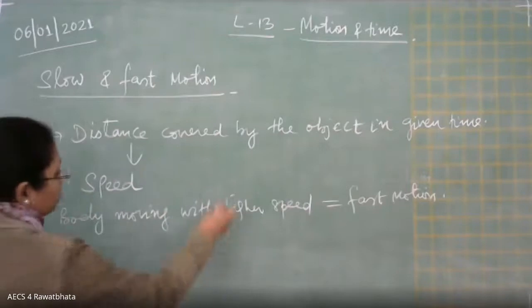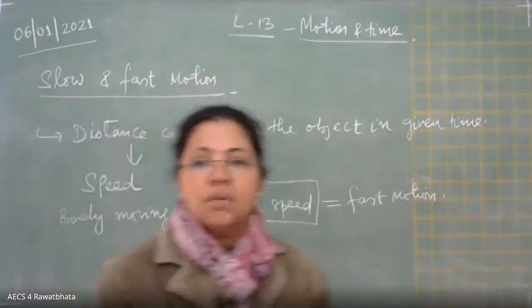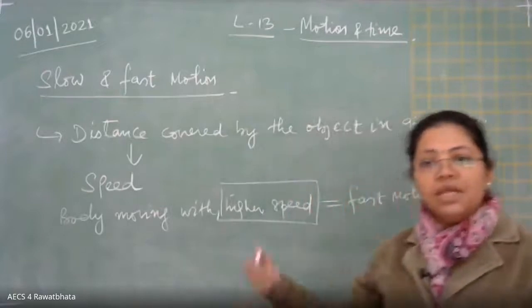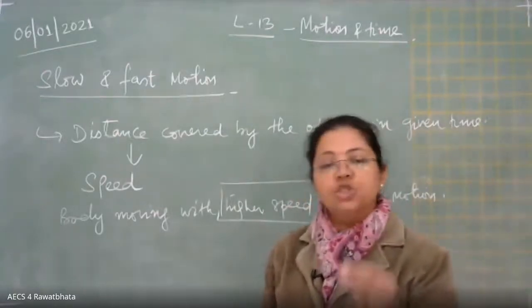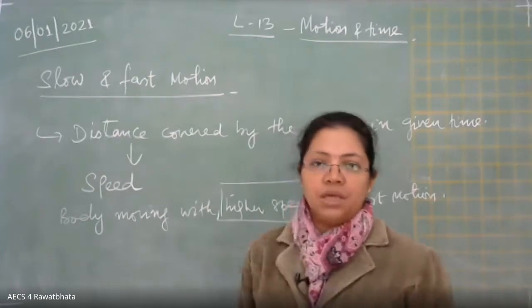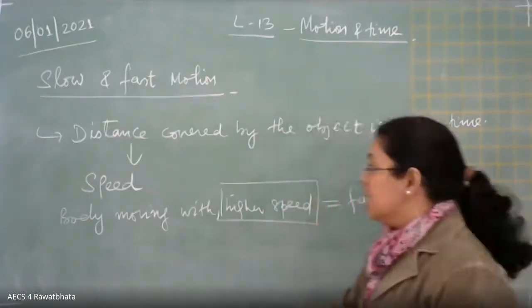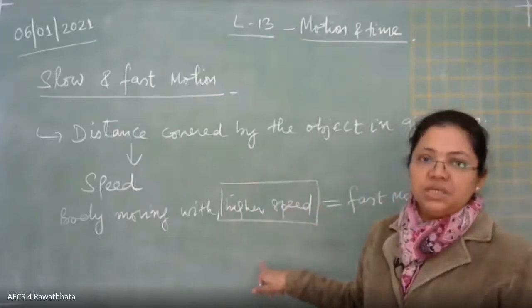Now the question comes, what do we understand by the term higher speed? हमने ये तो डिफाइन कर दिया कि जो ऑब्जेक्ट, जो बॉडी हाई स्पीड से मूव कर रही है वो फास्ट मोशन में है और इट इज एग्जिबिटिंग फास्ट मोशन. The question comes, what is the meaning of higher speed here?